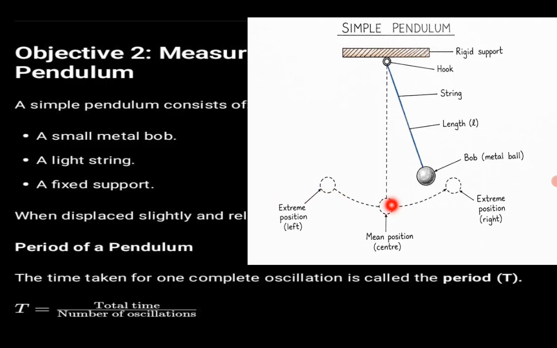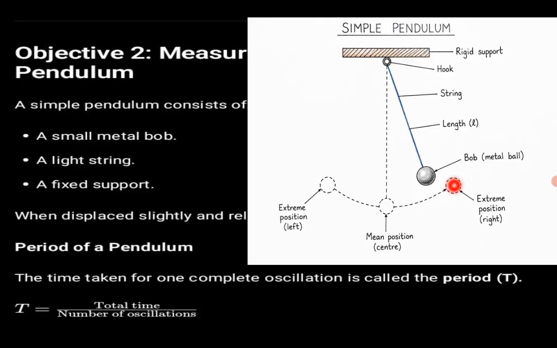All right, so there are times when we are required to determine the time that the mass moves from this position here to that end and back. The path taken to move from here to the other end and return to that starting position is called a complete oscillation.